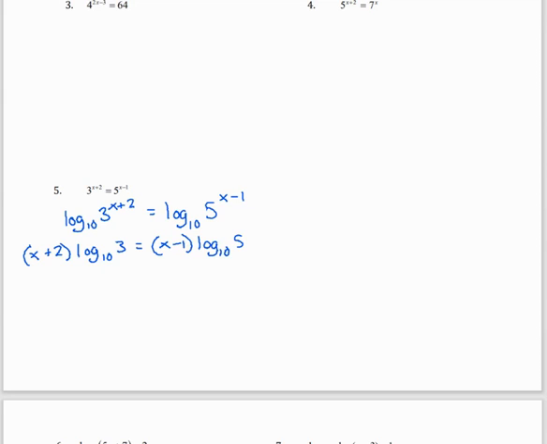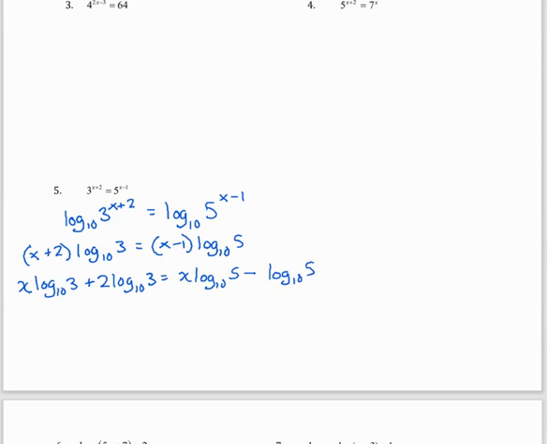So from here, what I'm going to do is now distribute. This is saying x log base 10 of 3, and you don't need to write base 10 each time. I'm just doing it for our notes here, plus 2 log base 10 of 3 equals, distribute on the right side, x log base 10 of 5 minus 1 log base 10 of 5.